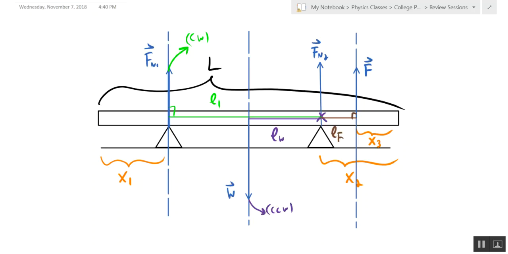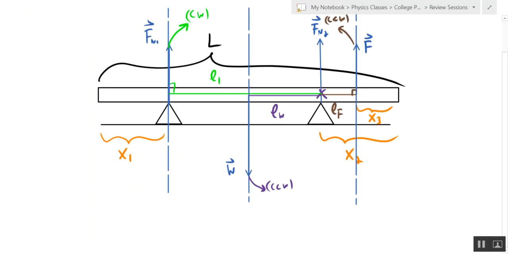Now, which way would this force cause the board to rotate? Counterclockwise. So then what you do is find the net torque. The first one was negative, so it's minus F1 times L1. The other two are positive.